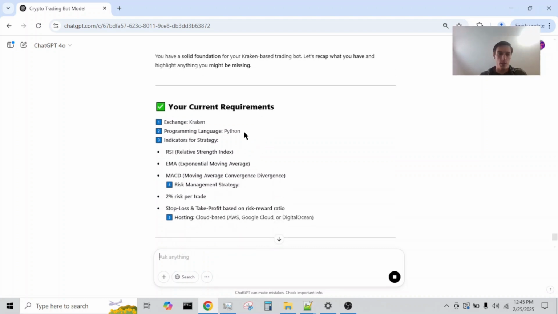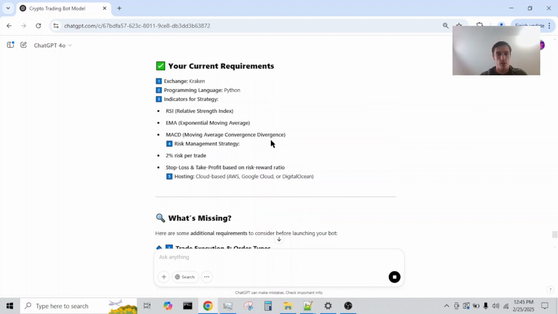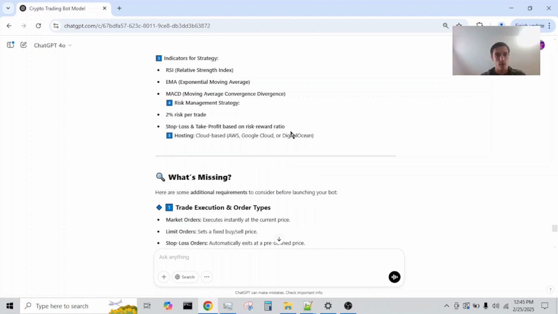So our current requirements, we're going to go with Kraken, Python programming language. We're going to start off by using RSI, EMA, and MACD. Those are solid indicators. We can change those down the road if they're not working for us. Risk management, 2% per trade of our total cash.